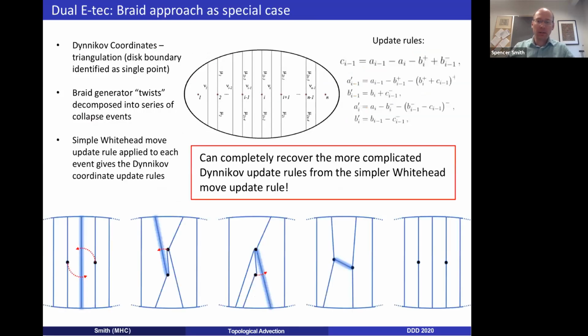And one final note that I would say is that, in a sense, this is the natural way to think about things, in the sense that this approach is more general than the braid approach. You can actually derive the braiding approach from this approach. So the Dehornoy coordinates over here, you can actually get the update rules by just using these flip moves over and over again. So it is sort of the most natural way to deal with problems like this.